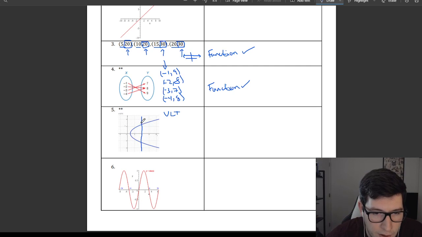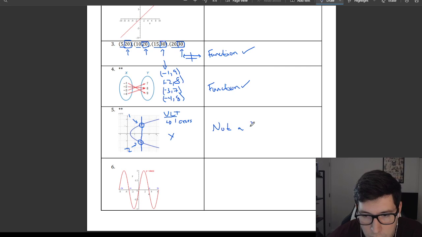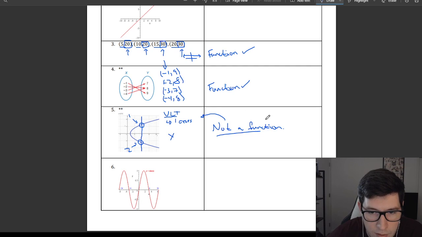But looking at this, I know, hey, it crosses here, but it also crosses here. And remember that for the vertical line test, we only want one cross for this to be a function. Anything more than that, and it is not a function. We see that, hey, I have 1, and I have 2. Therefore, this is not a function. As far as our reasoning, it's because it does not pass the vertical line test.